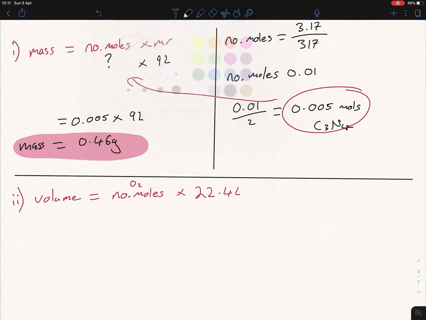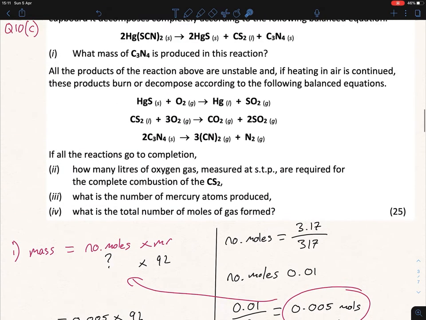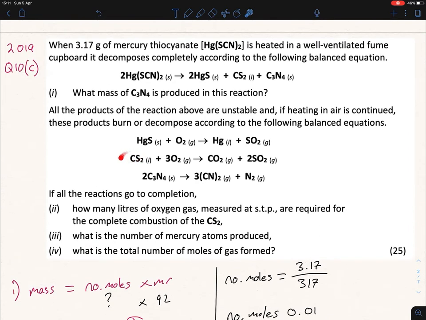So we have to figure out the number of moles of oxygen being used there. Let's go back up here and read the question again. How many litres of oxygen gas measured at STP are required for complete combustion of CS2? We go over here to CS2. We check it was CS2 over here. It's still 1:1, so that's fine. And we're told in it that there are 3 molecules of oxygen gas. So we apply the ratio again.